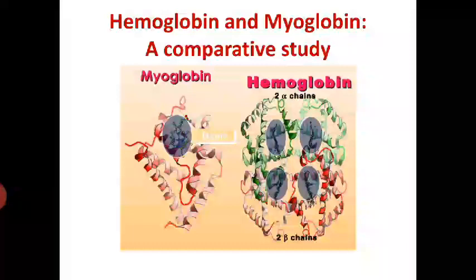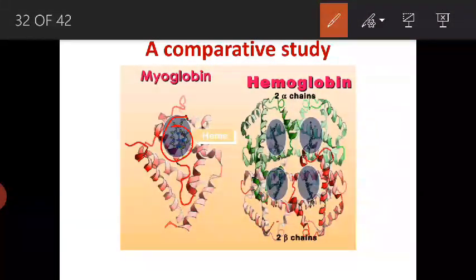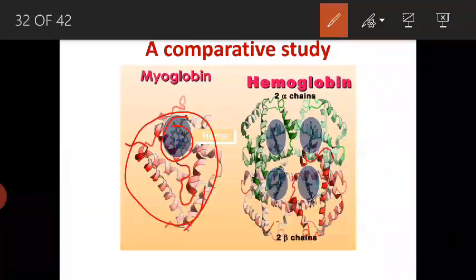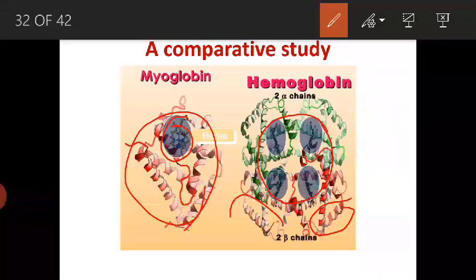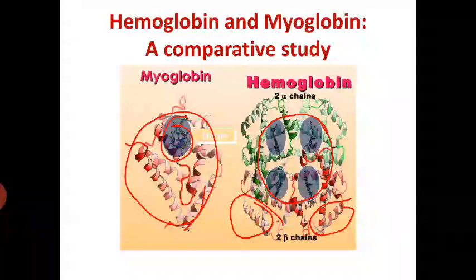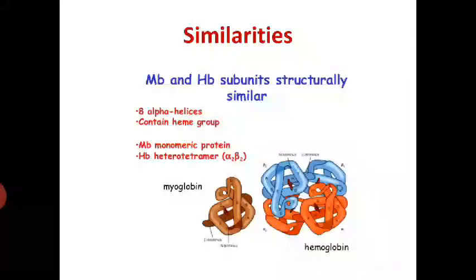In this picture you can see one heme unit surrounded by one protein chain having 153 amino acids, but in hemoglobin there are 4 heme units surrounded by 4 protein chains of 2 different types. 2 green alpha chains have 141 amino acids, whereas 2 red beta chains have 146 amino acids. First let us see the similarities, and then we will go to the differences.